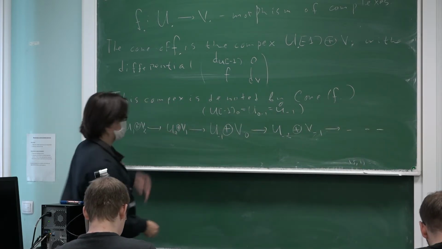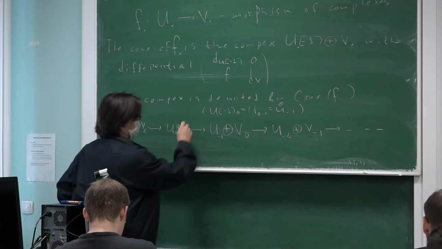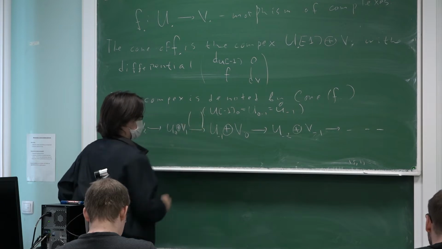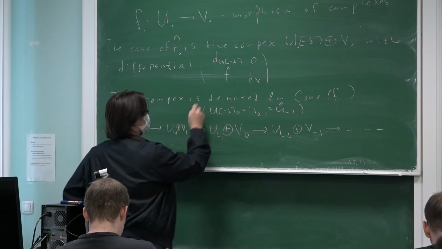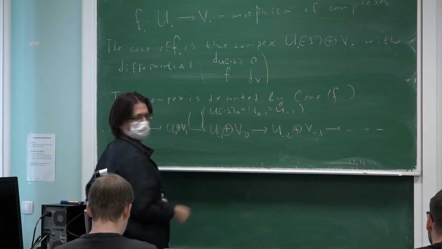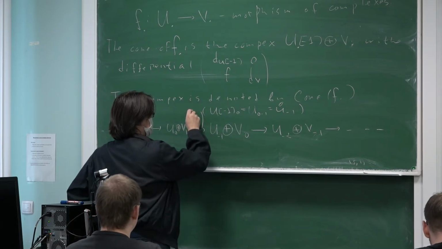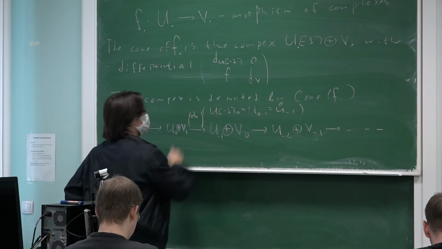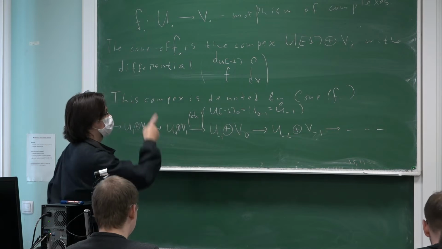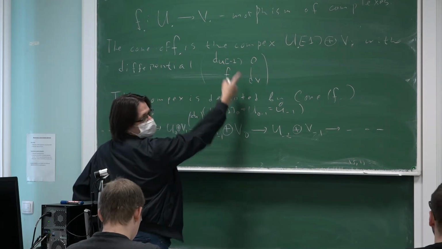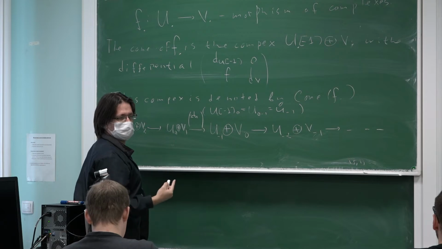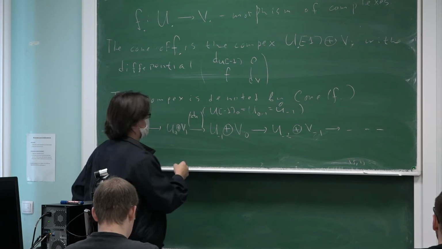And what's the differential? You can write it as a matrix. Here you put du shifted by -1. It's the same thing as minus du, because we have defined the differential of the shifted complex with multiplication by sign.